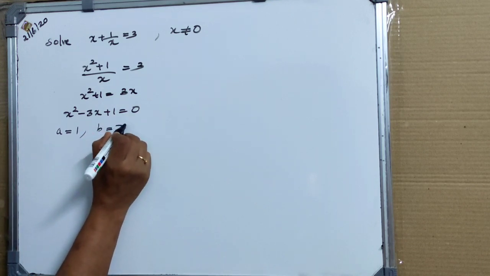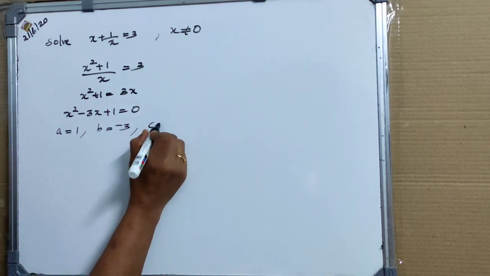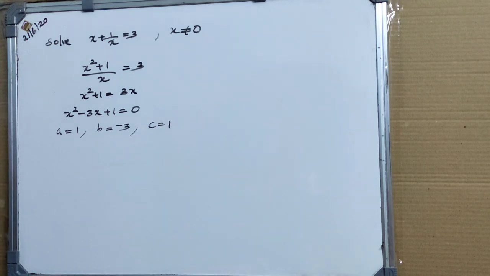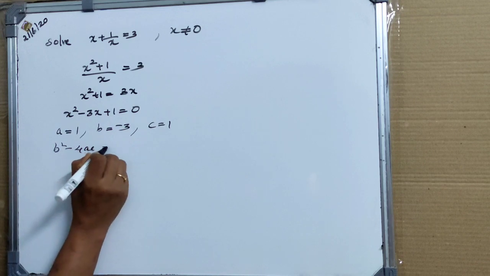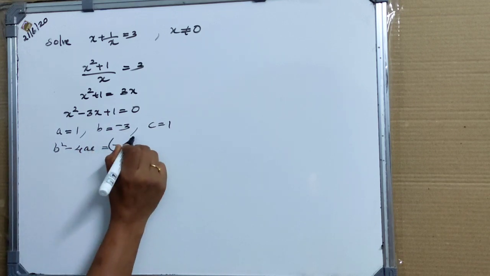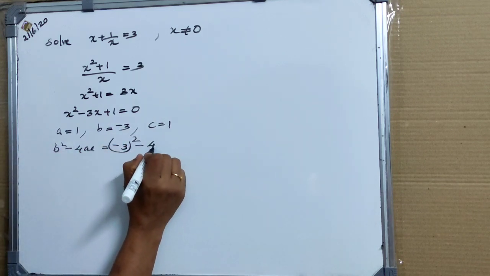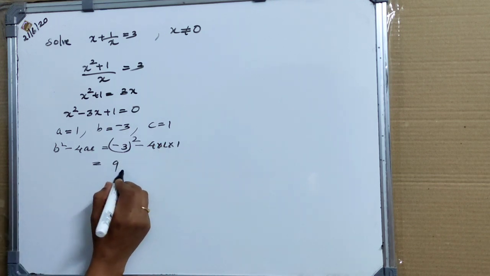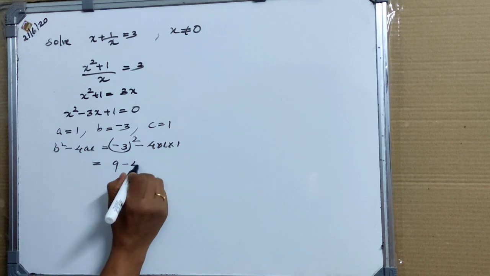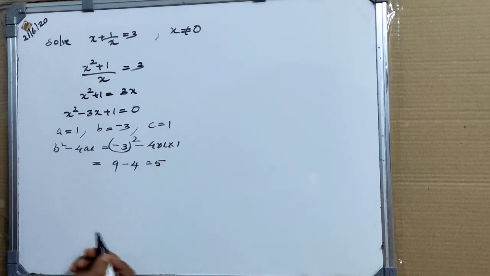What is b? Coefficient of x is negative 3, and c equal to 1. Now let us see what is b square minus 4ac. b square minus 4 into a into c is (-3) square, 9, minus 4, equal to 5.